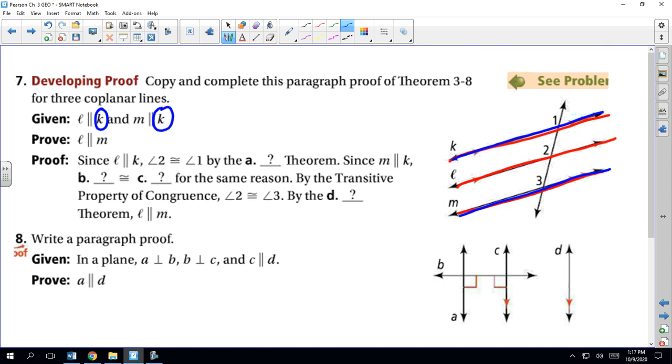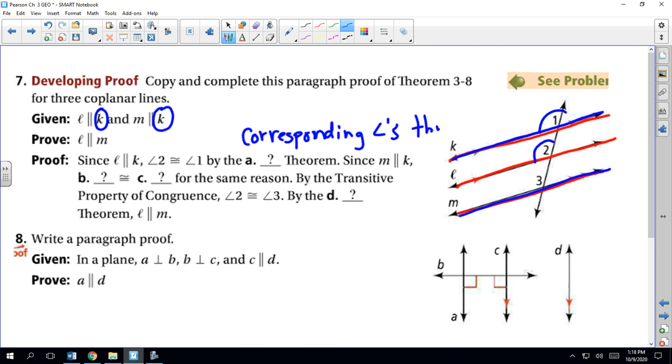So we have, as a proof, since L is parallel to K, angle 2 in our picture is congruent to angle 1. So angle 2 is congruent to angle 1 by the corresponding angles theorem. So corresponding angles are always congruent when the lines are parallel.